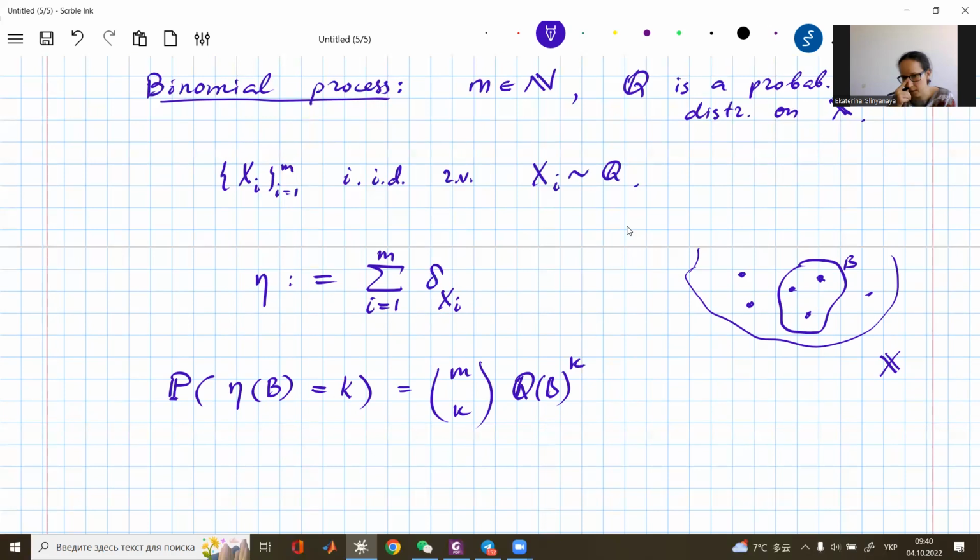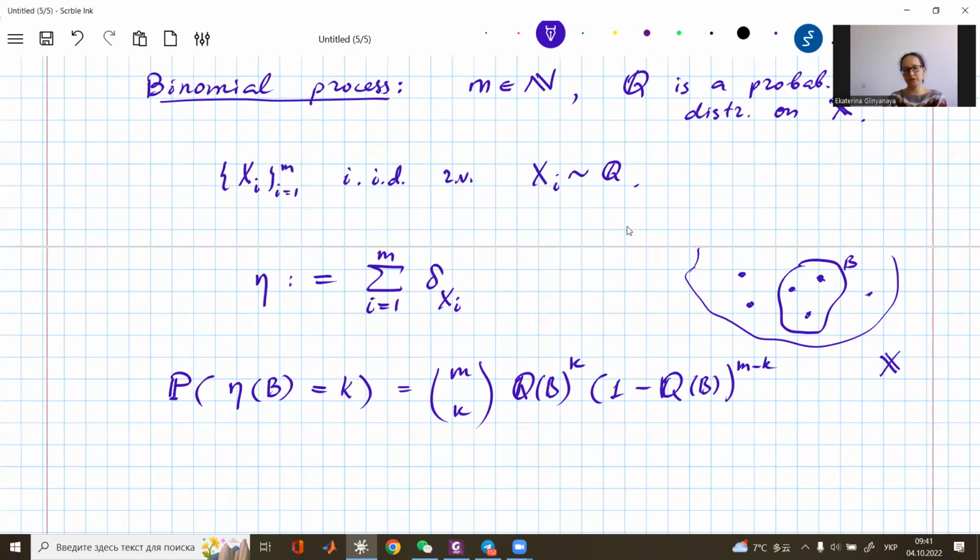So I have k points in set B, and the others do not belong to set B, so they belong to its complement, giving Q of B complement to the power m minus k.